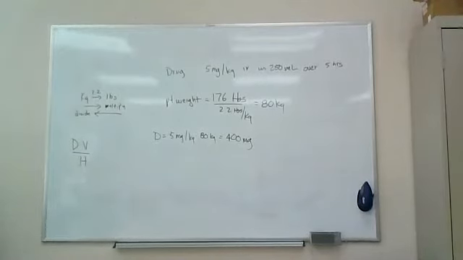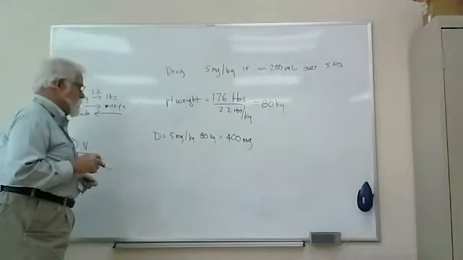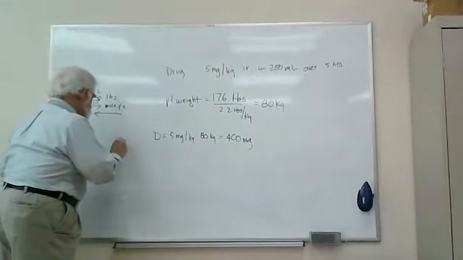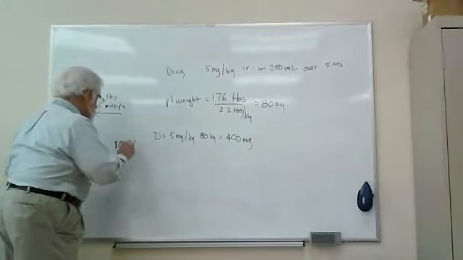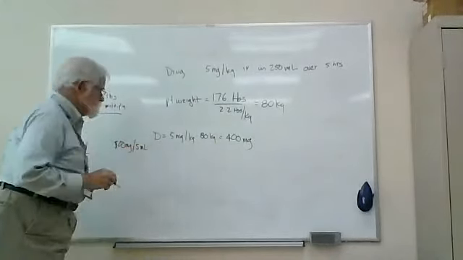Let's say we look in our stock solutions and we don't have this drug. But what we have is a solution of the drug at 500 milligrams per 5 milliliters.